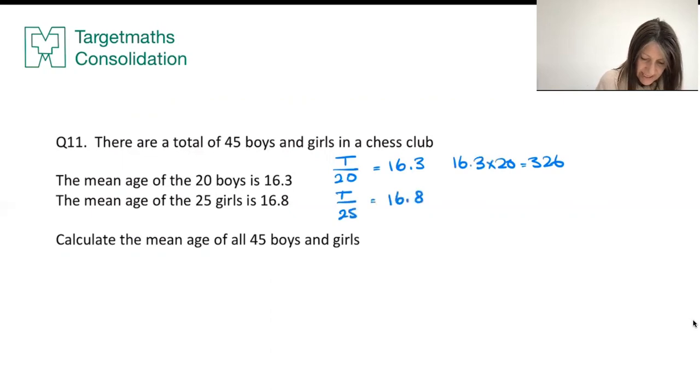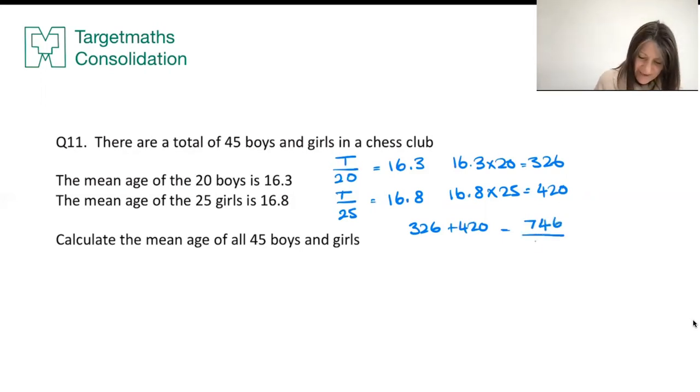We had 16.8. 16.8 times 25 is equal to 420. So we're going to add those together, which was going to give us 746. So I say one thing and write another. Silly. There we go. 746.